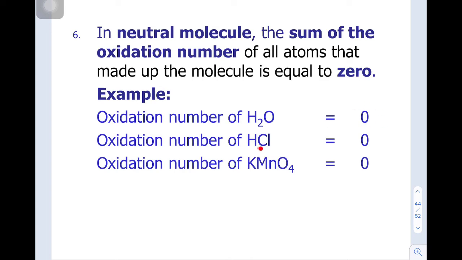If we have HCl, then the oxidation number of H plus the oxidation number of chlorine will be equal to 0. If we have potassium permanganate, the oxidation number of potassium plus that of manganese plus that of 4 oxygen is supposed to be equal to 0. It is because they are all neutral molecules.